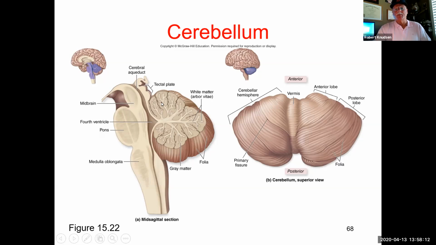So this is upper, connected to the midbrain by way of the superior cerebellar peduncles. And then here's the middle mass that connects to the pons and the inferior mass that connects to the medulla. Good, good. Okay, and then we have superficial, deep, and ultra deep.